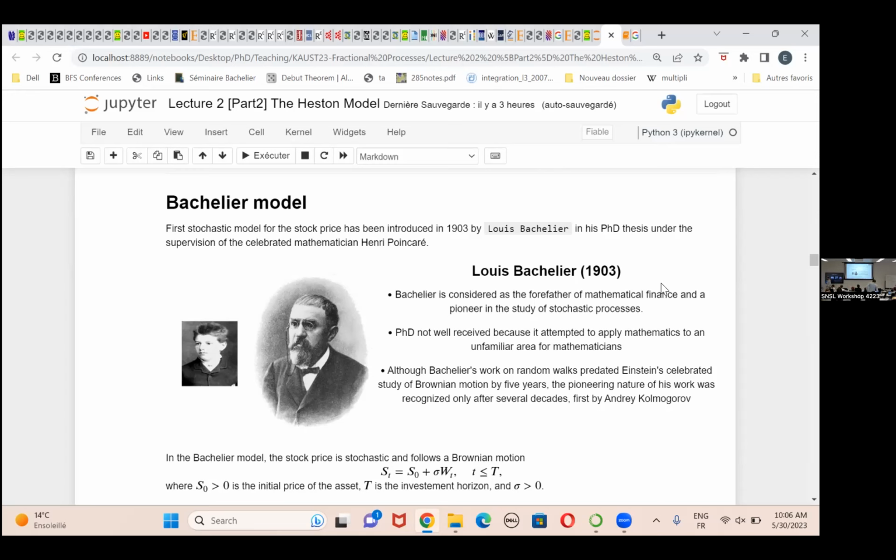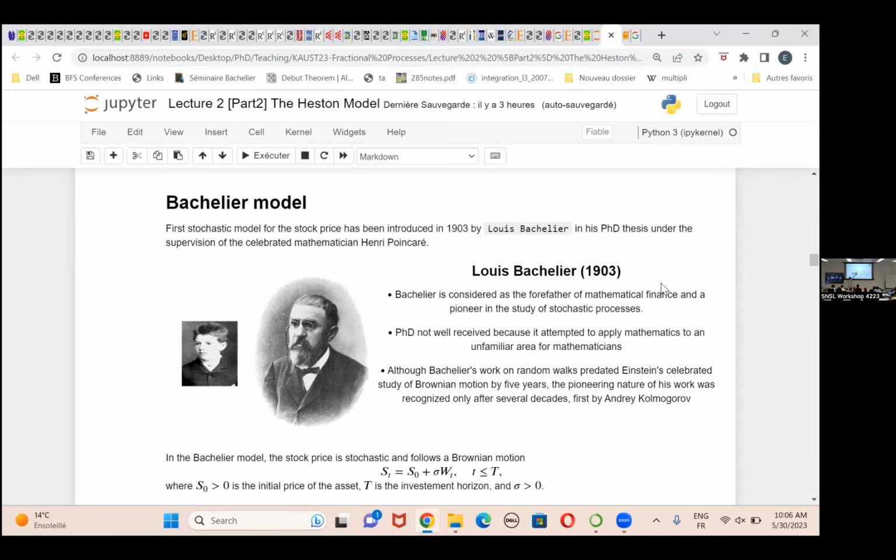Again, I'm interested in finance, and yesterday Christian mentioned the Black-Scholes model. In the notebook you have a lot of information, you can have a look. Even before Black-Scholes, just as a historical remark, mathematical finance started with Louis Bachelier in 1903.